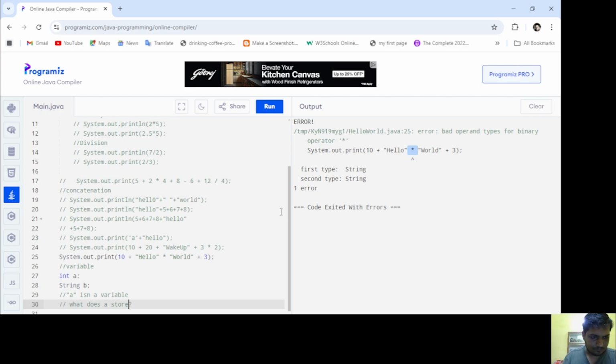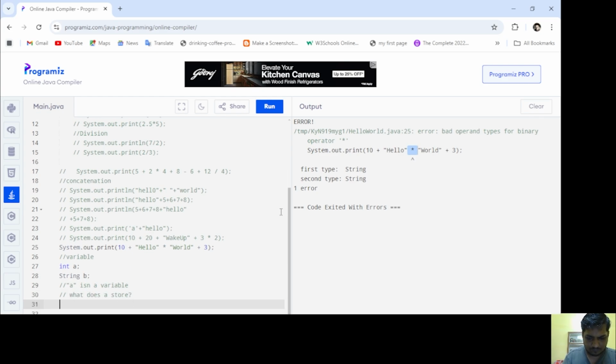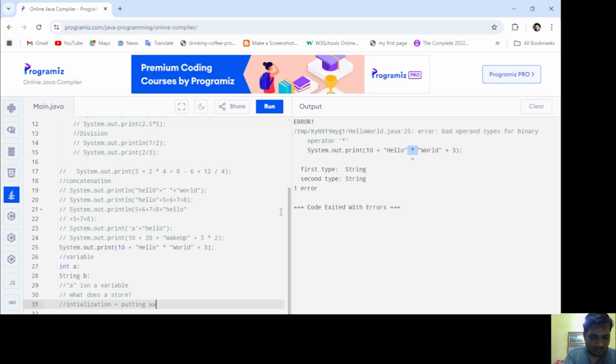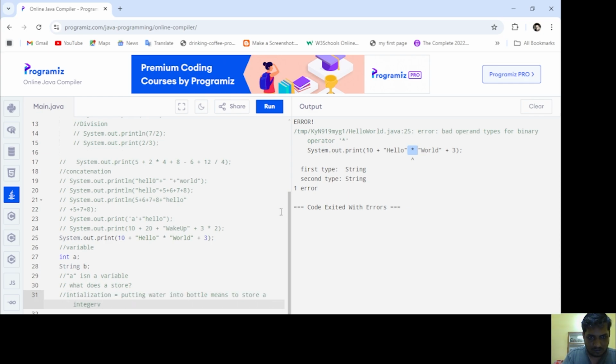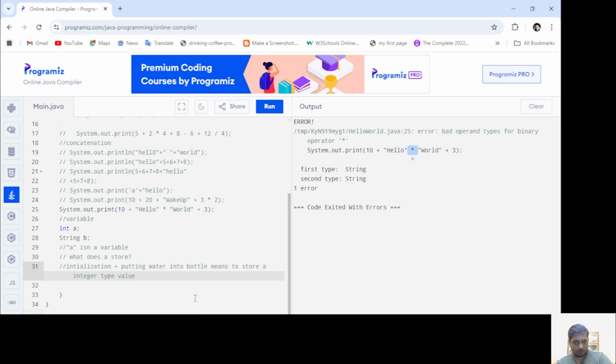For initialization, putting some value, like putting water into the bottle, means to store an integer type value.